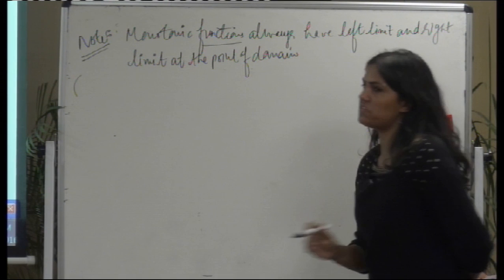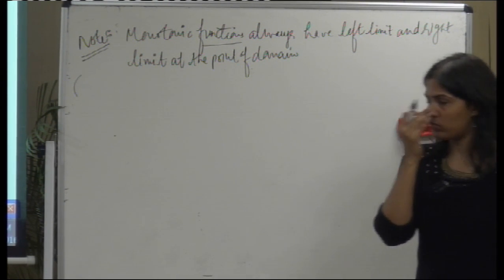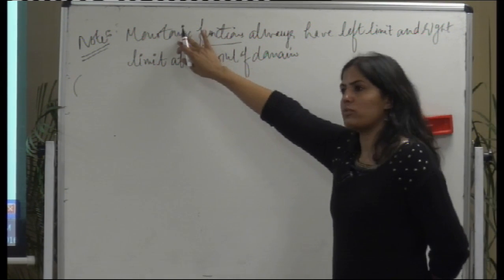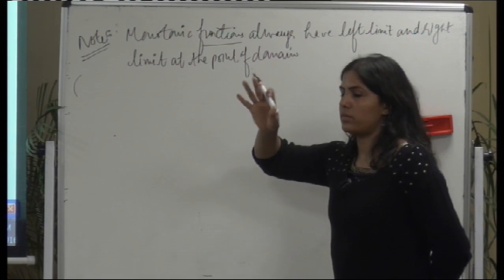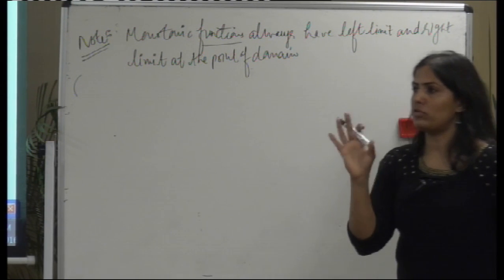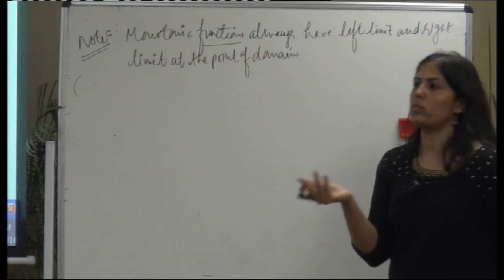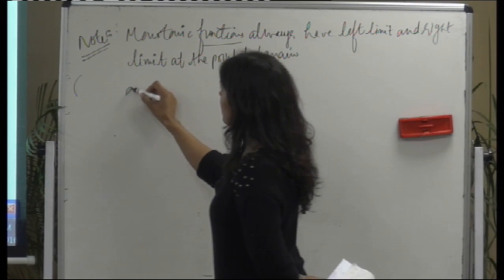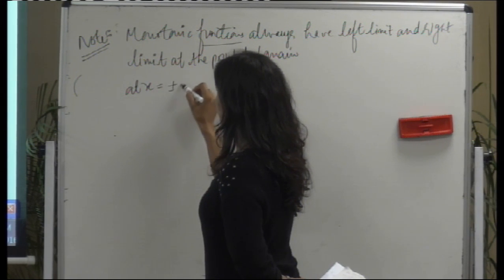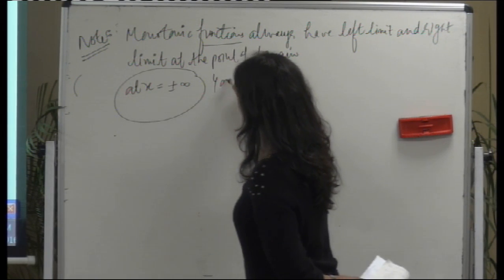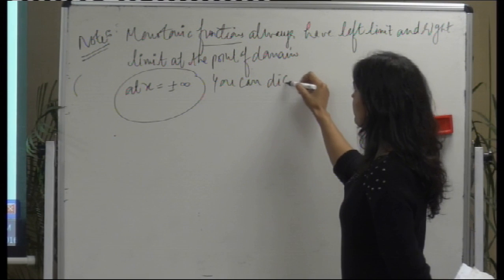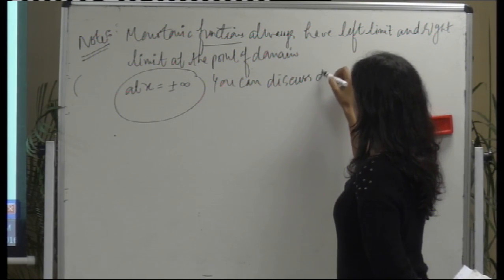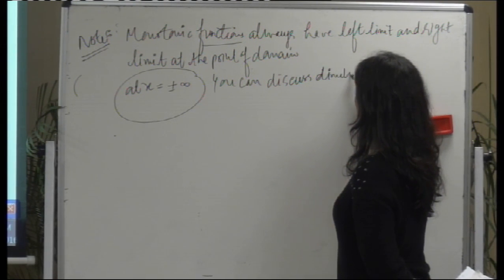Basically you always discuss limits, so the limit concept is also related. If your function is monotonic, then the left and right limits will exist. I am just saying they will exist. I am not saying that they will be equal. But they will exist 100%, and at x equal to plus minus infinity also you can discuss limits for monotonic functions.